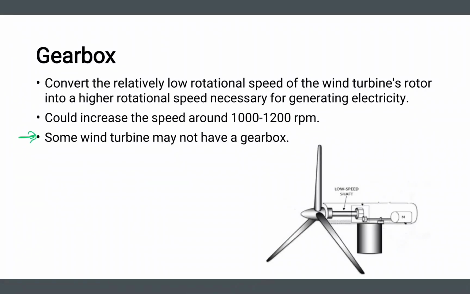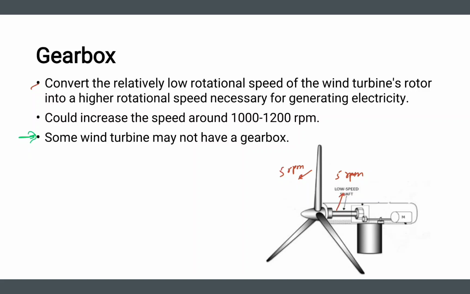Next component is the gearbox. The gearbox converts the relatively low rotational speed of the wind turbine rotor into a higher rotational speed necessary for generating electricity. So as we said, this is, let's say, rotating at 5 or 15 rpm. This shaft will also be rotating at 5 rpm. This is too small to produce electricity from a generator.